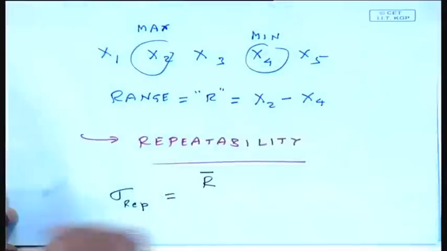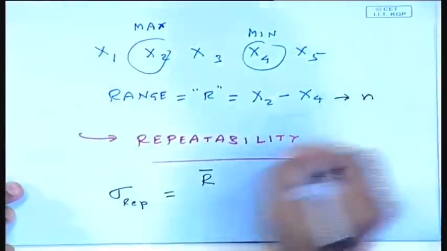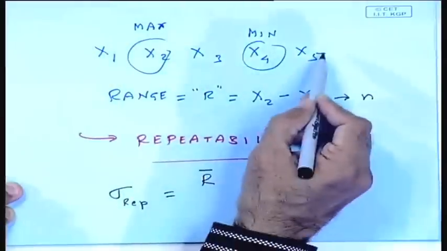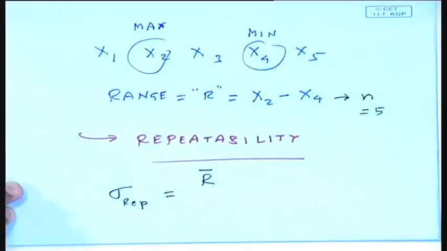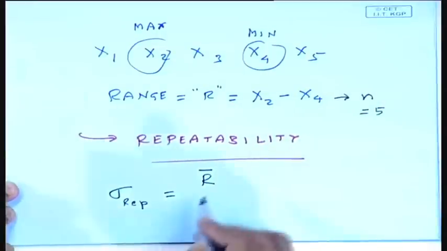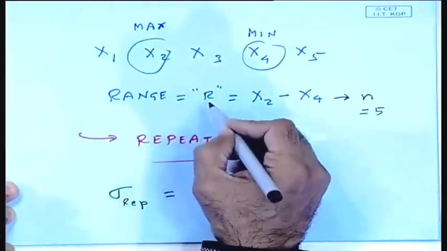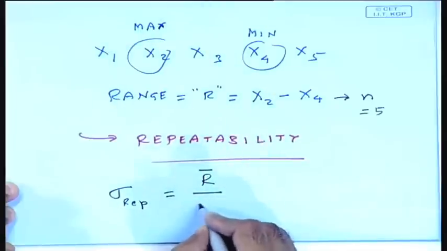How many times you measure is very important, because that gives you n. N is the number of times you have measured the same part. Here, n in our case is equal to 5. To find sigma, I divide that R bar, the average of such repeated estimates of the range, by a quantity called D2.